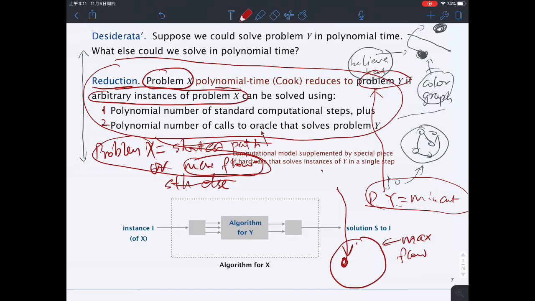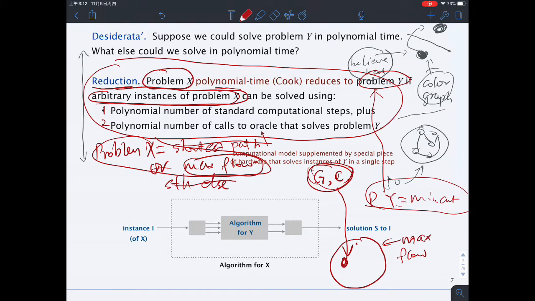You are given G, the graph, and the capacity, and given these two pieces of information, you need to find the max flow. A very specific instance is called an arbitrary instance of problem X. I think these are some of the most important concepts in this definition.